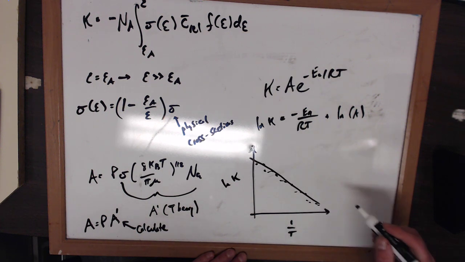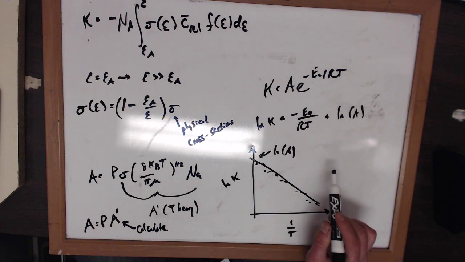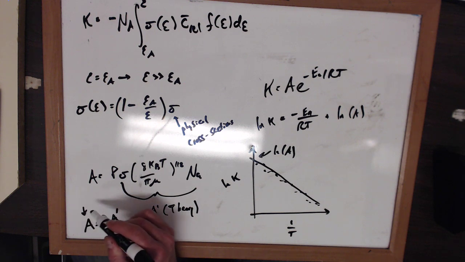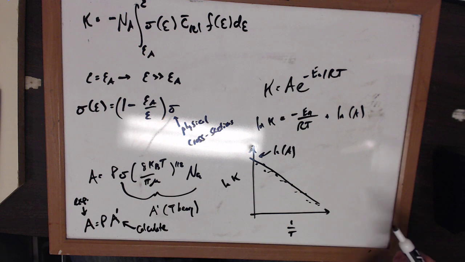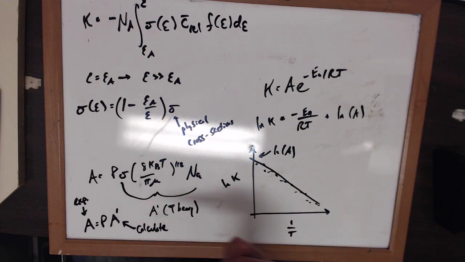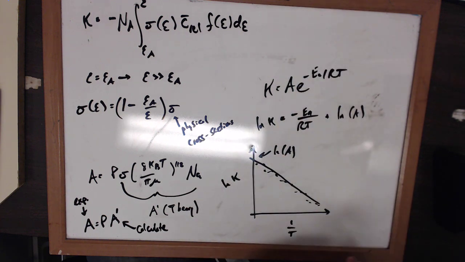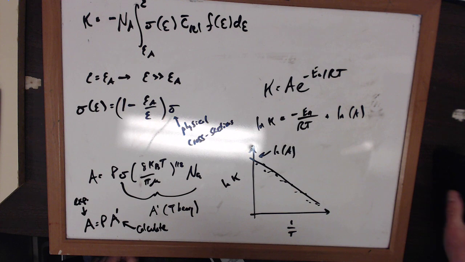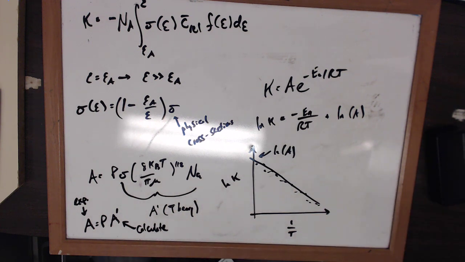We fit a line through it, and we can estimate the experimental value. Then if we calculate the theoretical value, we could determine our frequency factor if we really wanted that first principles analysis. Okay, that concludes the lecture on collision theory as it pertains to chemical kinetics.